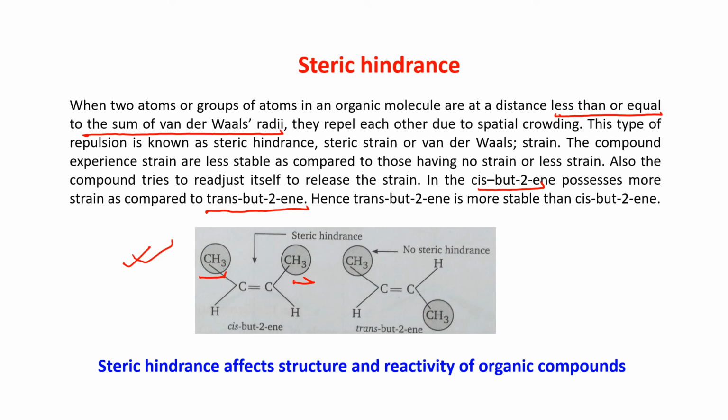So they are having steric hindrance. But in trans-butene, the similar groups are present on opposite sides. So there is no steric hindrance. They are not getting any steric hindrance. That is why the trans form is more stable as compared to the cis form.